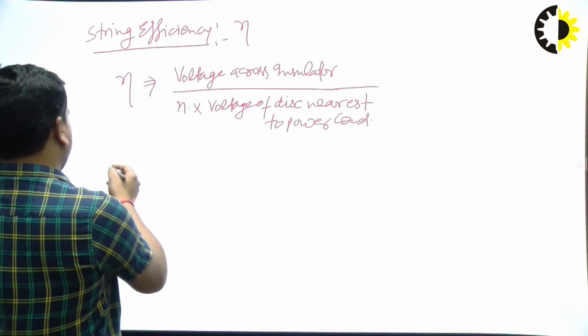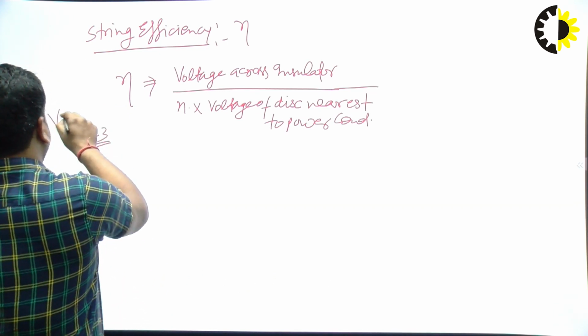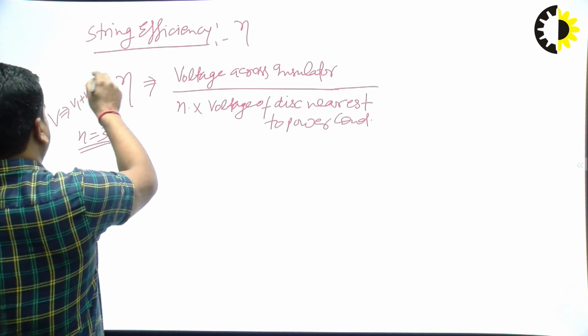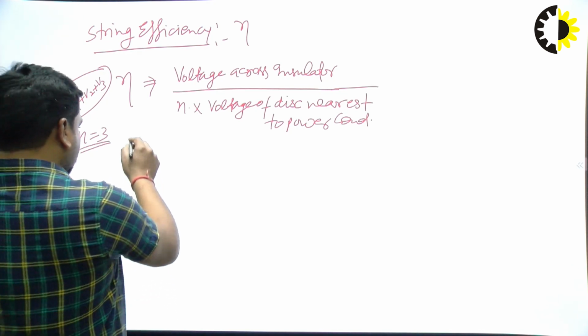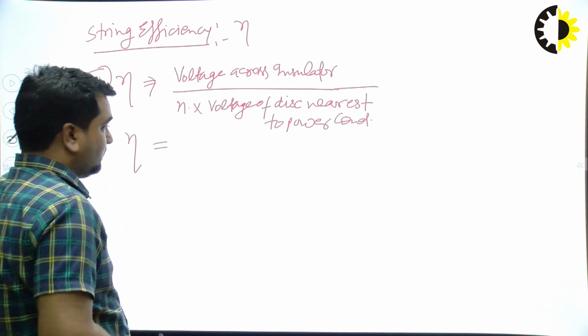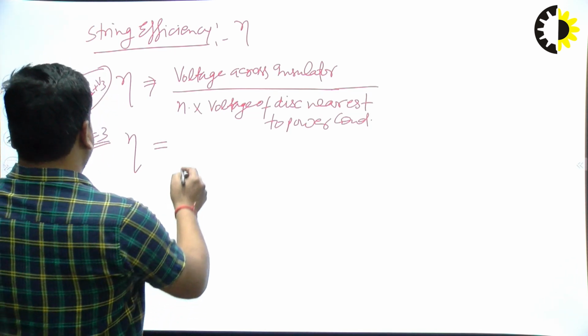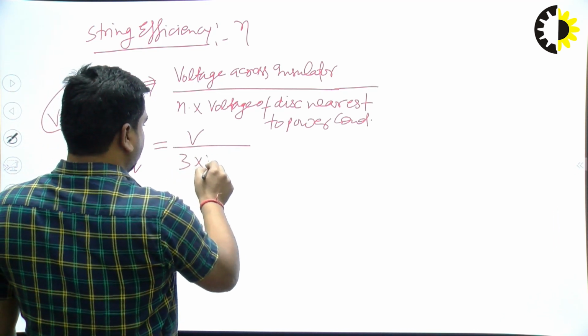As in the previous case, N equals 3, and let the total voltage V equal V1 plus V2 plus V3. Here the efficiency eta equals V divided by 3 into V3.